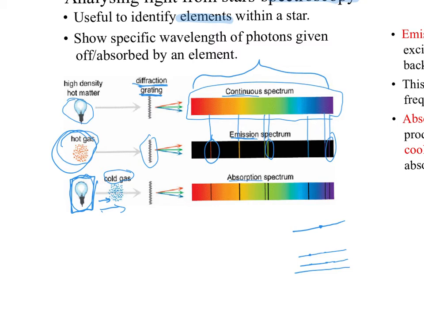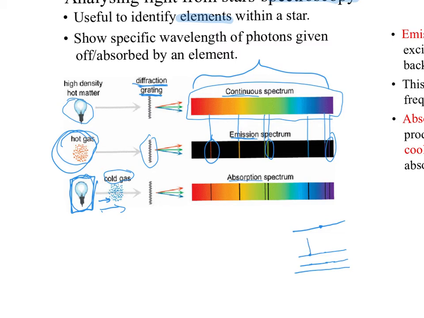So as it passes from the light source to the cold gas, some of those wavelengths of the white light, of the whole continuous spectrum, will get absorbed by the atoms in the cold gas, and they will excite the atoms in there.